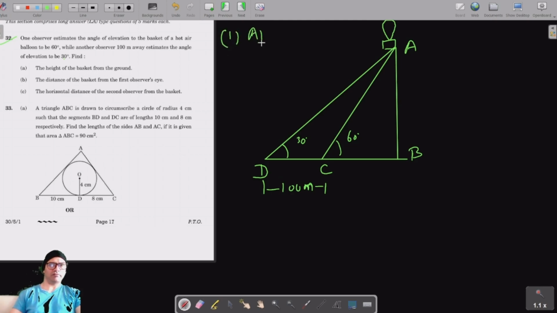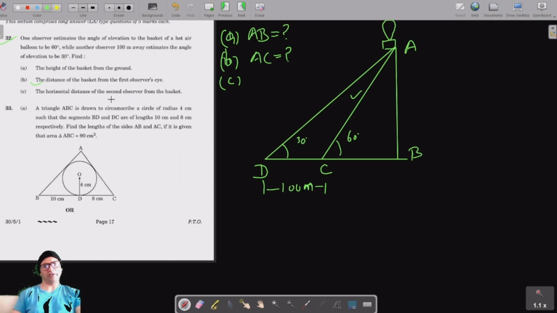So first of all, we have to find out AB, and that is part A. For part B, the distance of the basket from the first observer's eye, which is AC.